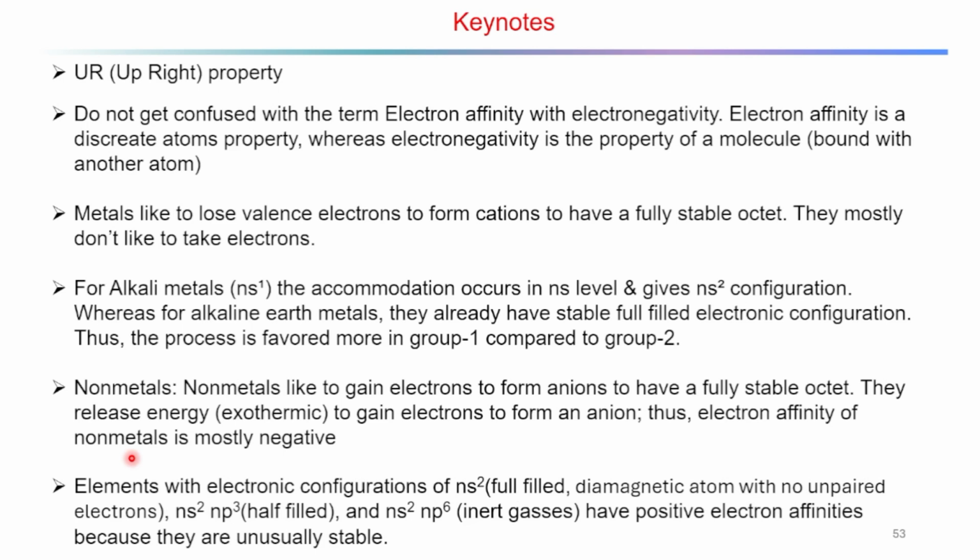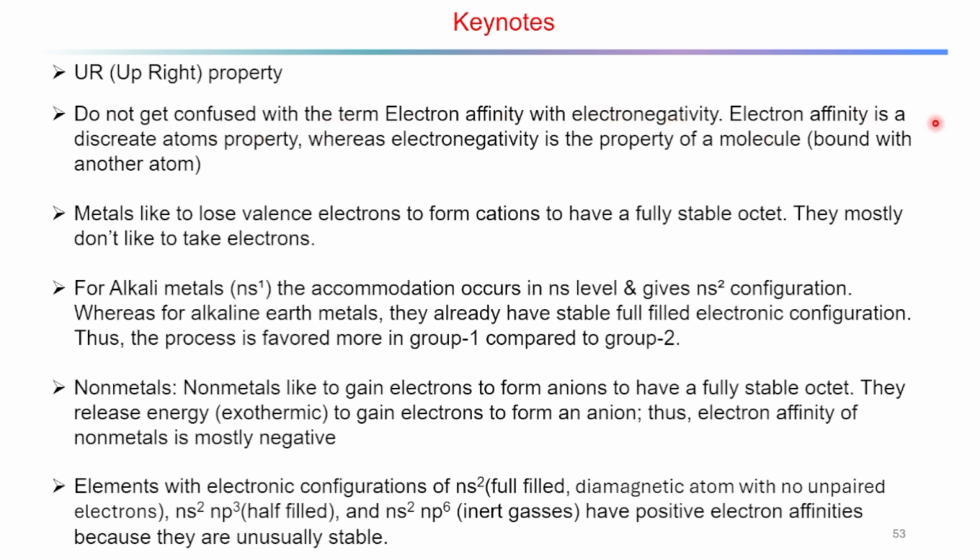So let's see some key points we have learned in this lecture regarding the periodic trend of electron affinity. We found out that this is an upright property. So it increases from left to right along a period, and if you go bottom to up along a group, it will increase. Do not confuse the term electron affinity with electronegativity.